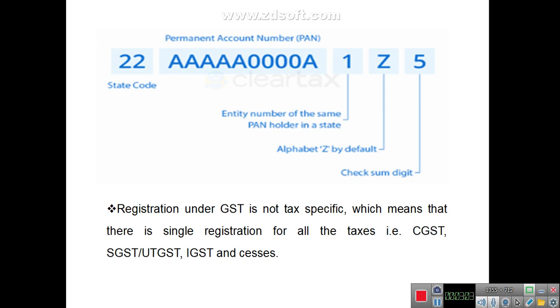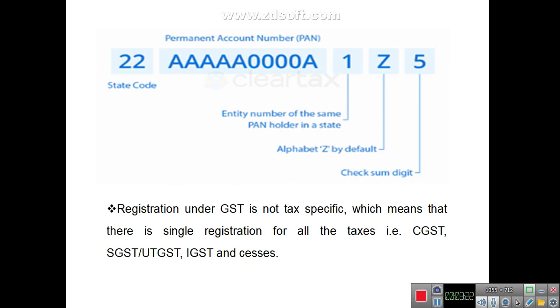The 14th is the alphabet Z by default, and the last digit is a check digit computed from the total 14 digits. So in this way the GSTIN number is issued.